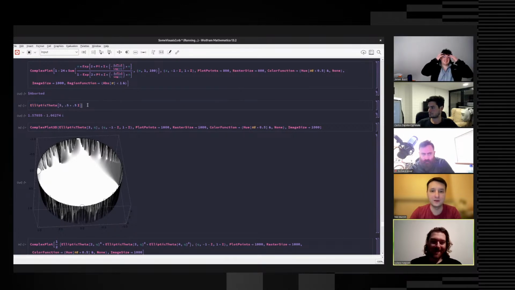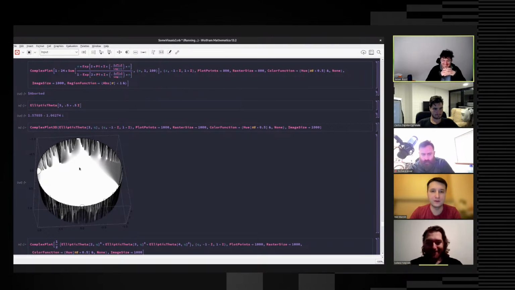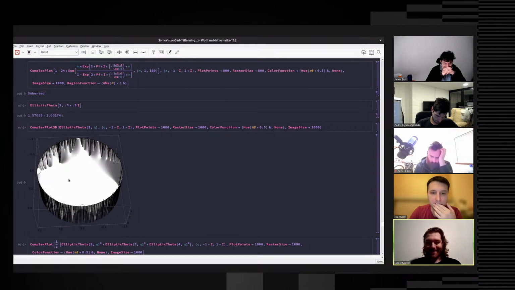No problem. But then if you try to plot it, you get this white square, or if you plot it in 3D, it has the information about the absolute value, but I don't know what's going on. And I looked online. It doesn't evaluate for me for the complex second argument.